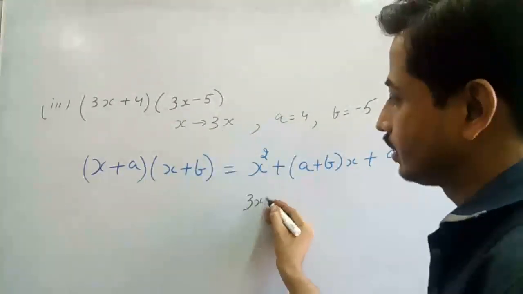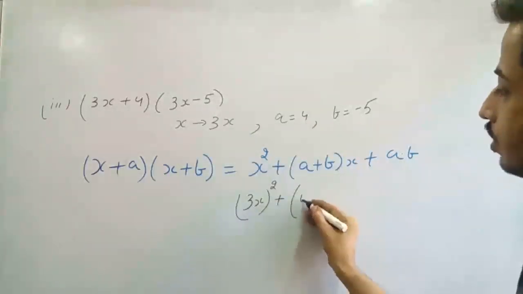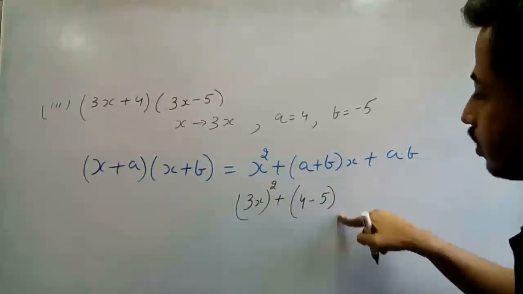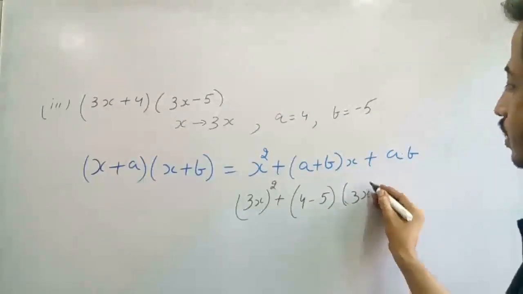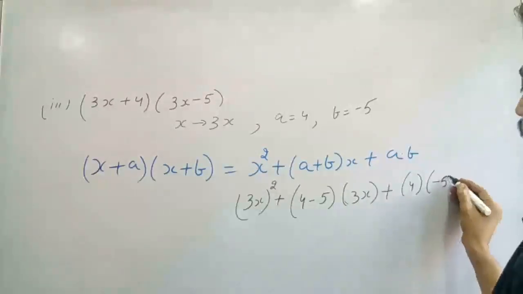So I have to write (3x) square plus (a + b), a is 4 and b is minus 5, into x, which is 3x, plus a into b, 4 into minus 5.